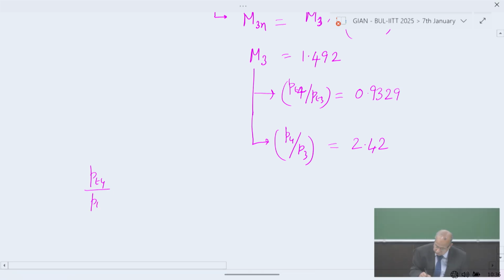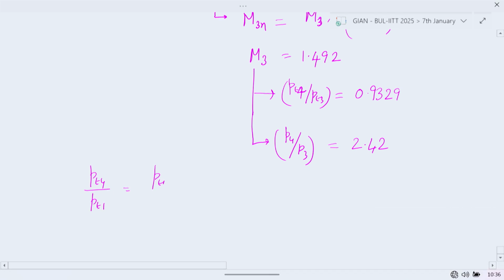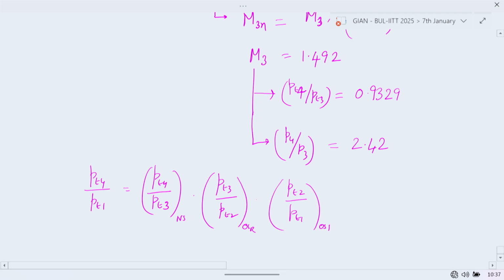PT4 by PT1 is equal to PT4 by PT3 for the normal shock, times PT3 by PT2 for the oblique shock that is reflected, times PT2 by PT1 for oblique shock 1.